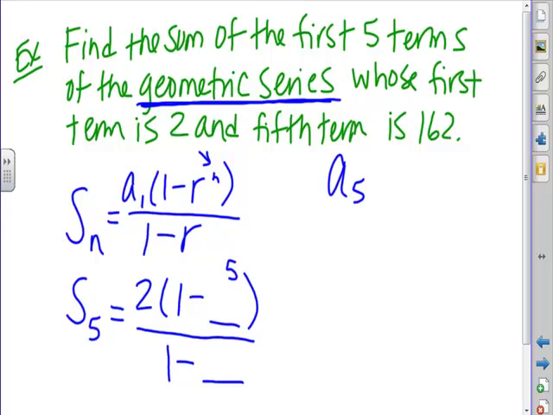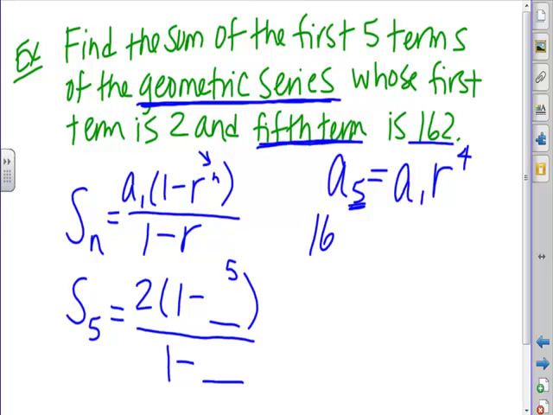So I'm going to say, whatever is in the 5th position, which they're telling me is 162, is equal to what's in the first position times the common ratio one less time than the position. Because in order to get to the 5th position, I'm going to multiply by the common ratio 4 times.